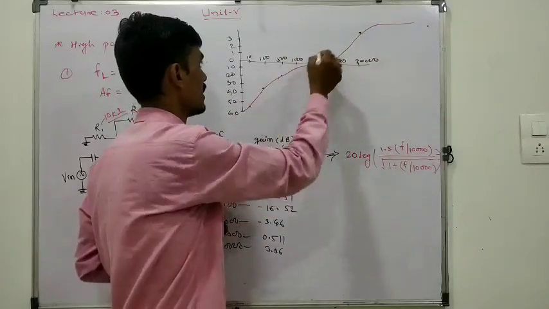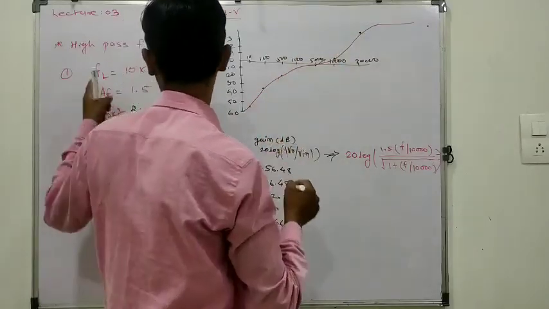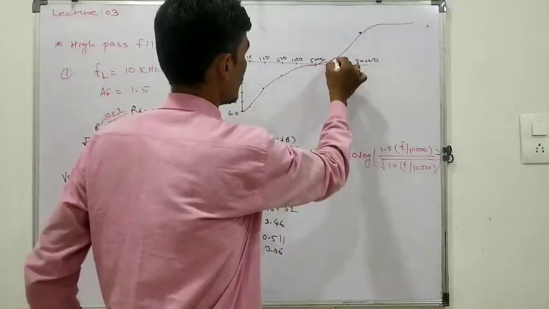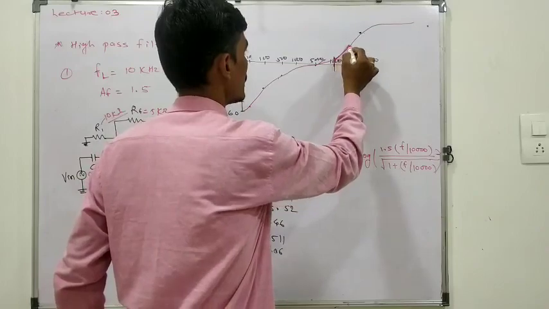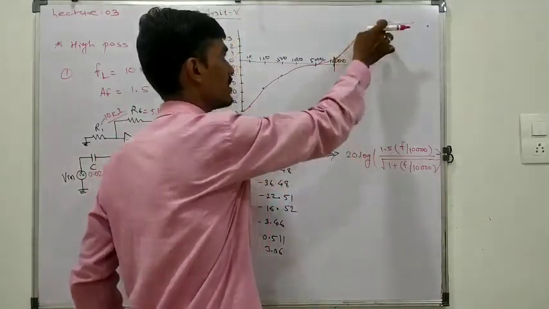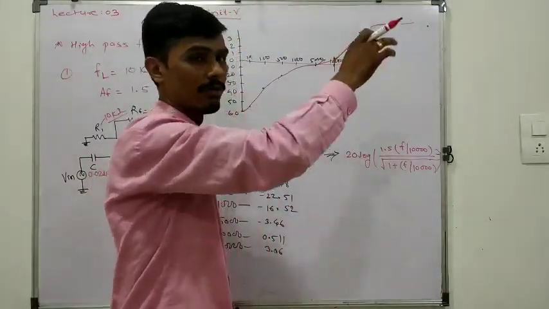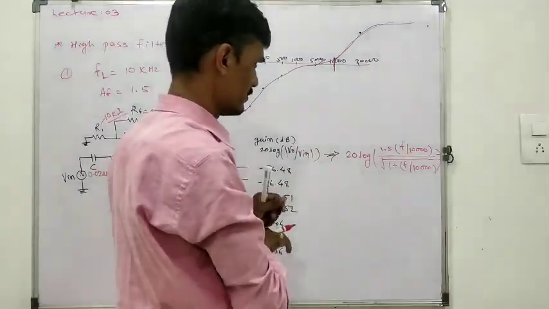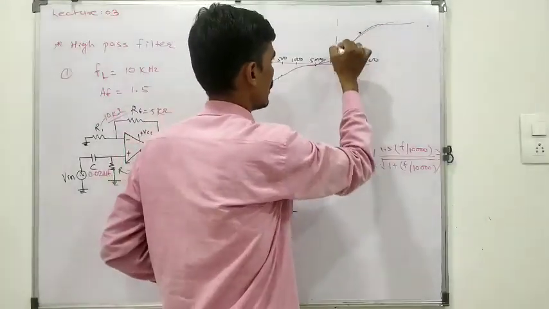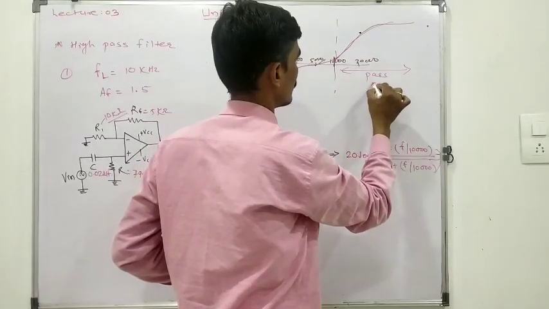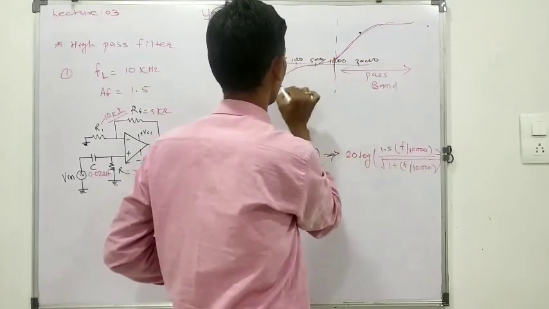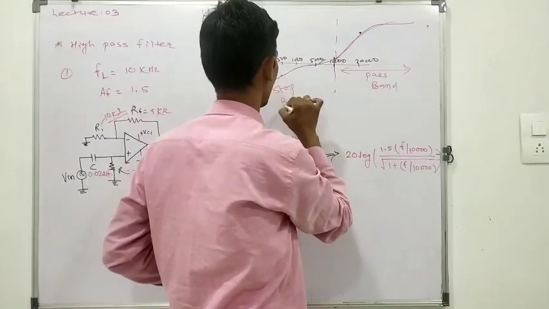Ultimately, it is observed that the cut-in frequency is 10K. After the cut-in frequency, the gain is increasing, and after some point it settles down. This region is the pass band, and this is the stop band.